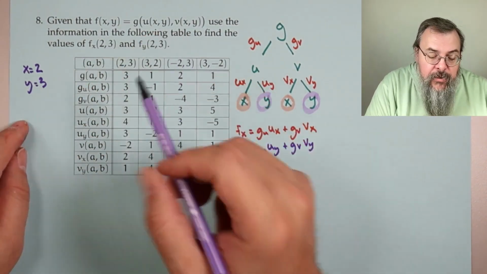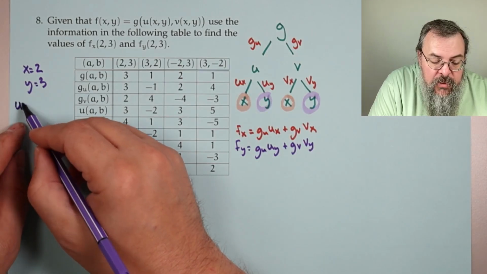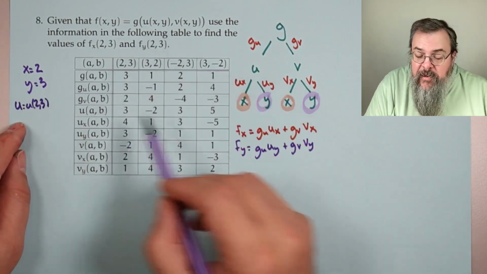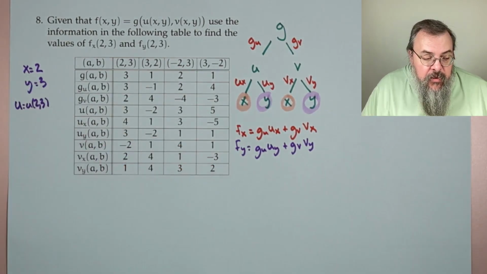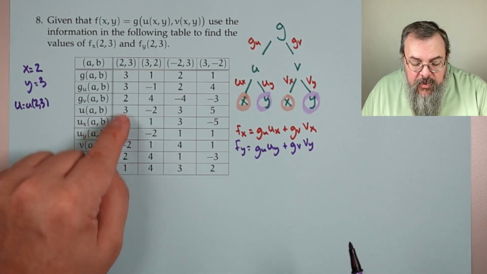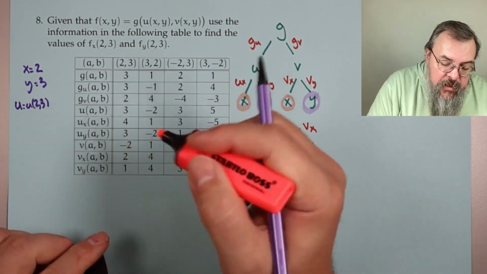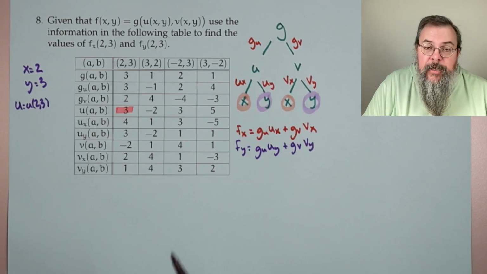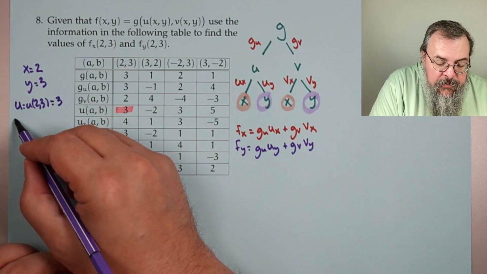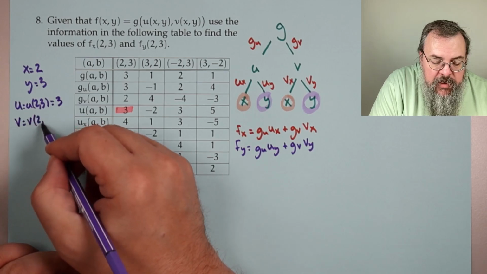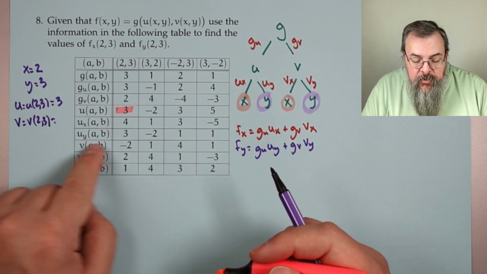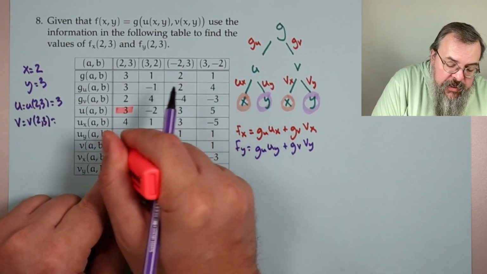Well, to figure out U, that's going to be U at 2 comma 3, because U depends on X and Y. We know X and Y. So we look to our table. So U at 2 comma 3 is 3. All right, good to know that. And V, where we plug in X equals 2, Y equals 3. So V at 2 comma 3 is minus 2.